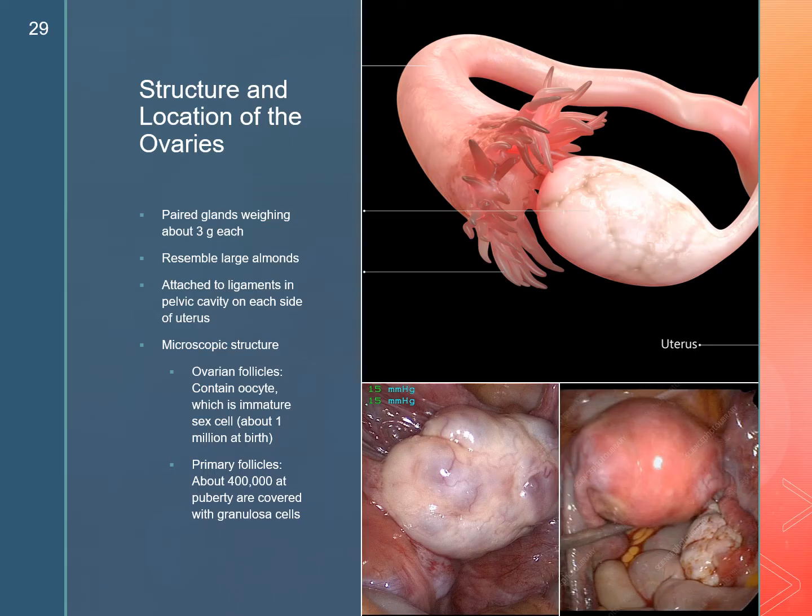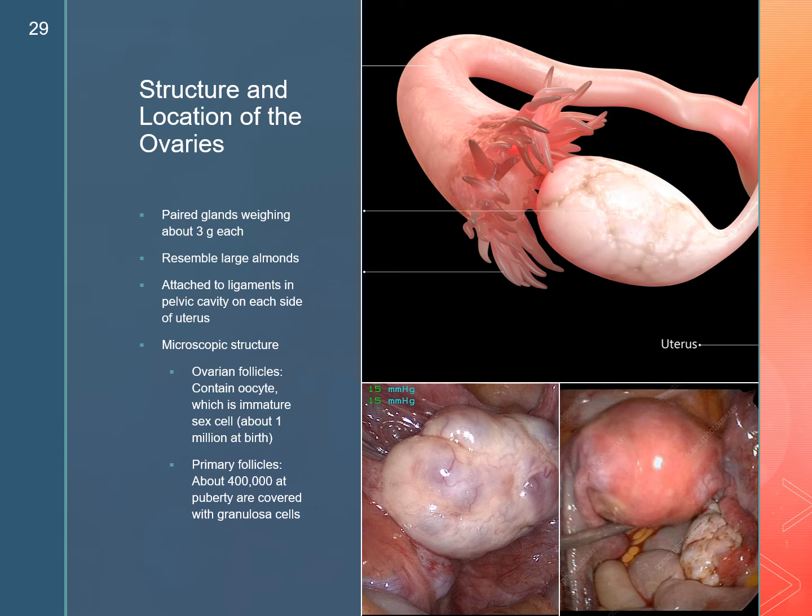Similar to how the male has 2 testicles, the female has 2 ovaries. And the ovaries resemble 2 large almonds that are approximately 3 grams each, and they're situated on each side of the uterus. So I pulled some images here. This top one is a computer graphic image of the ovary and the fallopian tube. That white thing is the ovary.